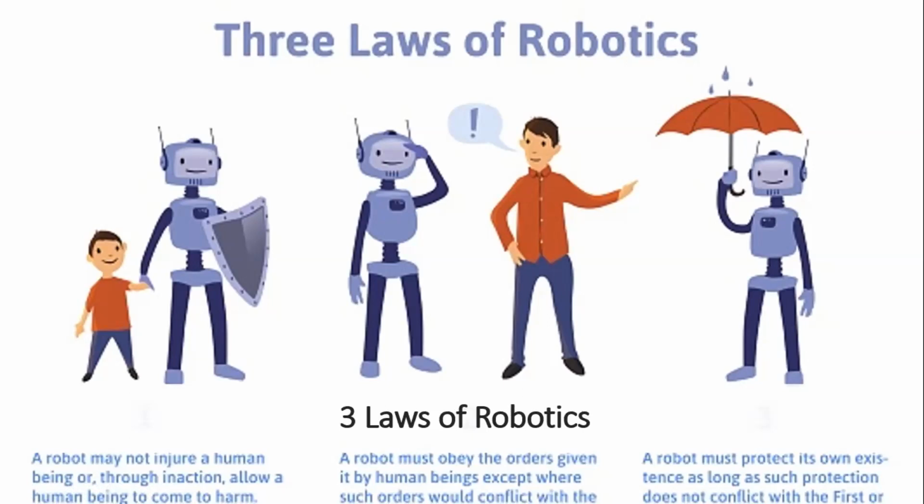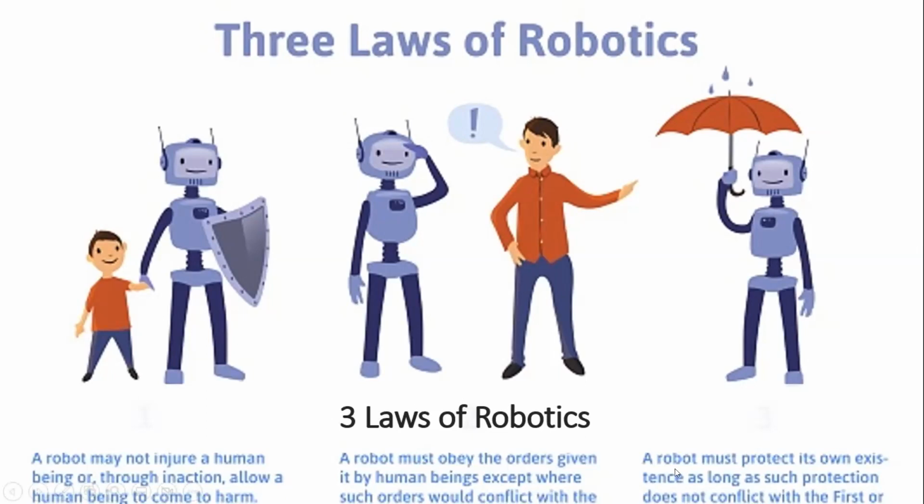The second law said that a robot must obey, right? So a robot should always obey human beings. It should take orders from human beings, provided it does not hamper the first law. So I should not say, go and harm that human being. No, because as long as it is not disobeying the first law, the second law is in existence, that it should not harm, and it should always obey what humans are saying.